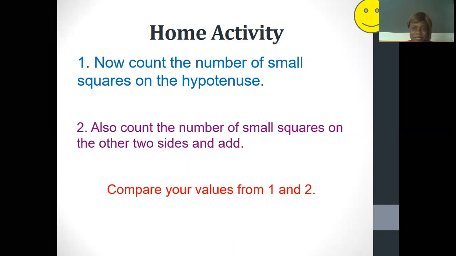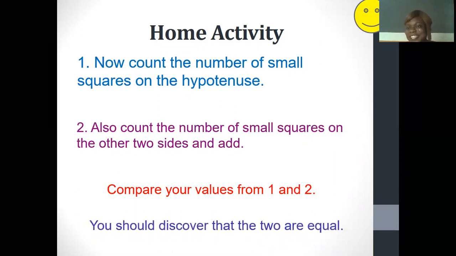If you do it carefully and accurately, the value you got in number 1 should be equal to the value in number 2. So the number of squares on the hypotenuse should equal the number of squares when you sum the other 2 sides together.